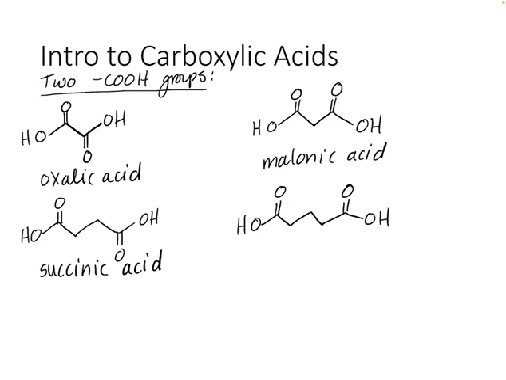Add one more carbon, and this becomes glutaric acid. So if you're taking a biochem class or you have taken biochemistry in the past, some of this might sound familiar. Some of these are present in things like the citric acid cycle and other biochemical reactions.